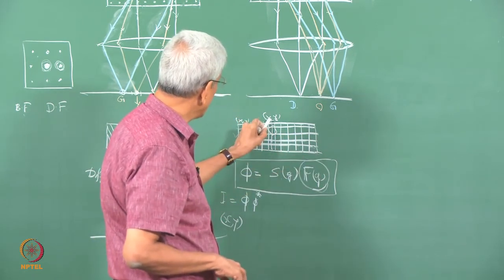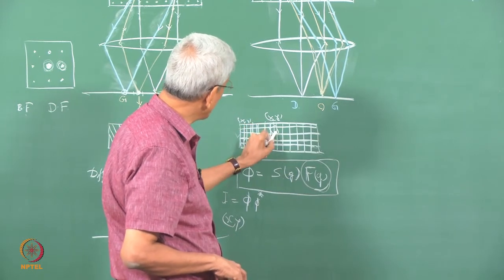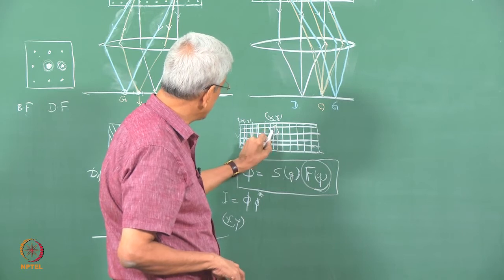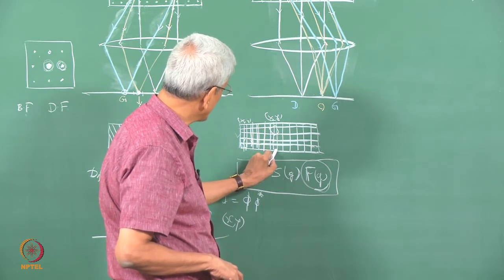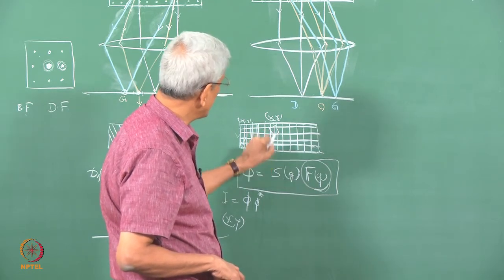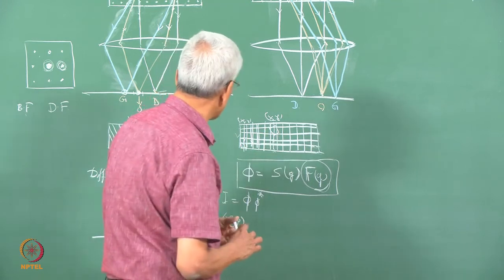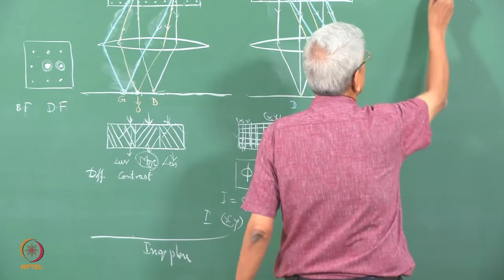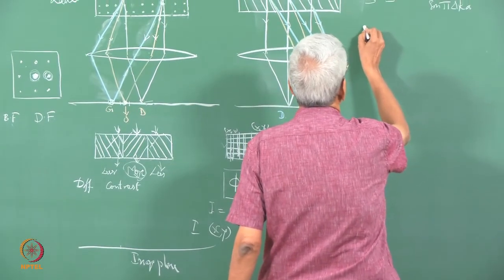Whereas when some defect is present and it is rotating the unit cell, there will be some variation in the amplitude, and that will be reflected as a variation in intensity. This is how we determine it.